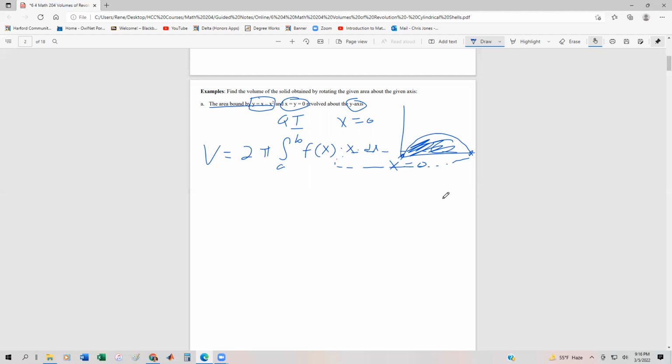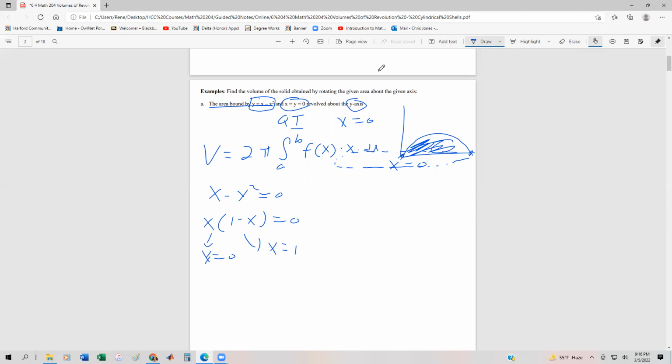But to find the other point of intersection with the axis, we set the function to 0. So x minus x squared equals 0. We can factor out an x, and we get x times 1 minus x equals 0. That means that one value is 0 and the other value is 1.